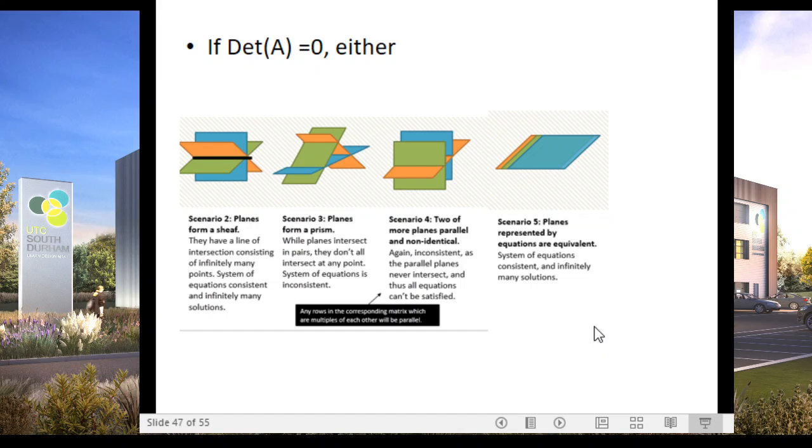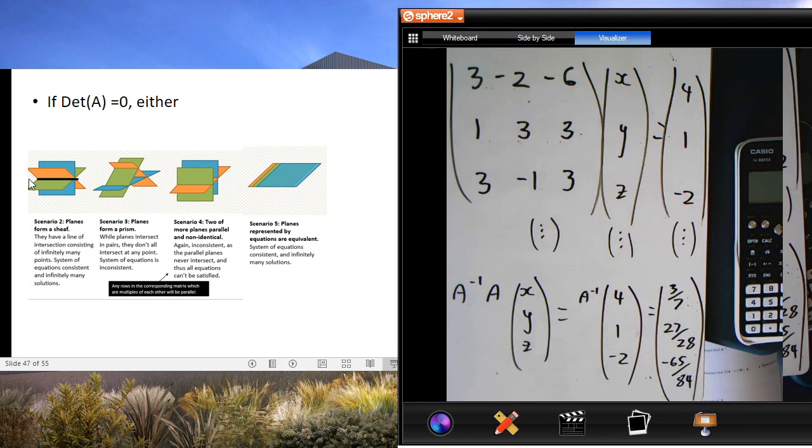Now, we were in a fortunate position there that the determinant of the matrix was not equal to 0. That means I could find the inverse. That means I could do this calculation, which I did through here.